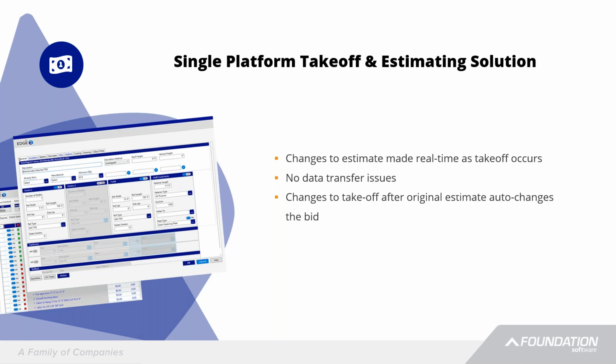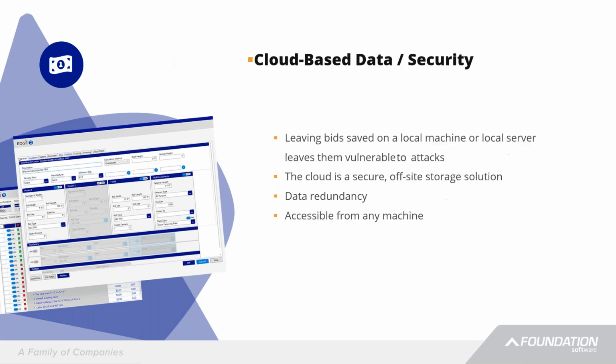So there's no data transfer issues or no having to manually type in quantities into a spreadsheet or something like that. Changes to the takeoff after the original estimate auto changes the bid. What that means is if you've accidentally taken off some walls as one wall type, if you just cut and paste into another wall type, all of your materials update automatically for you.